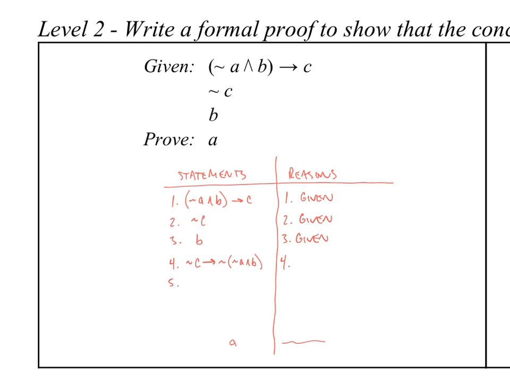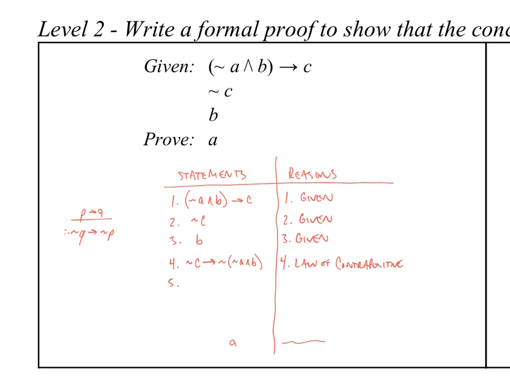Now the reason for that is because of the law of contrapositive. Which says that if P then Q, then I can claim that not Q, if not Q, then not P must be true, which is what we're doing here. We just have sort of a more complicated P, right?